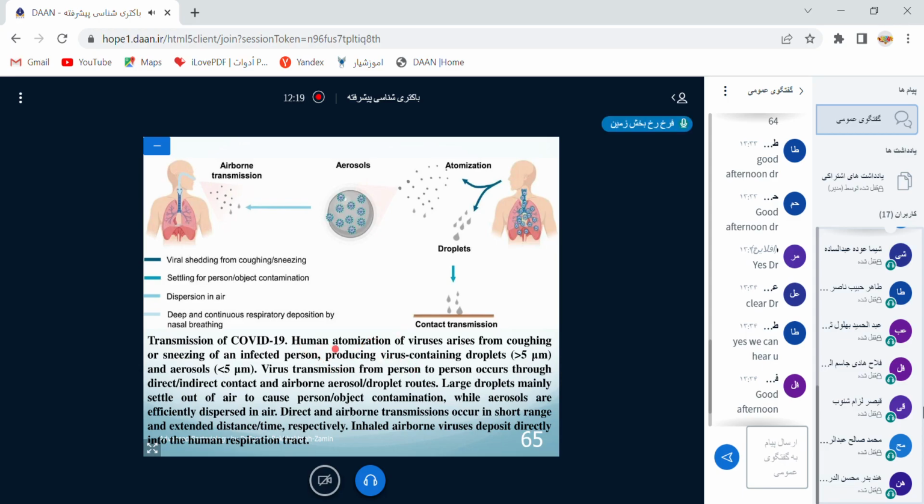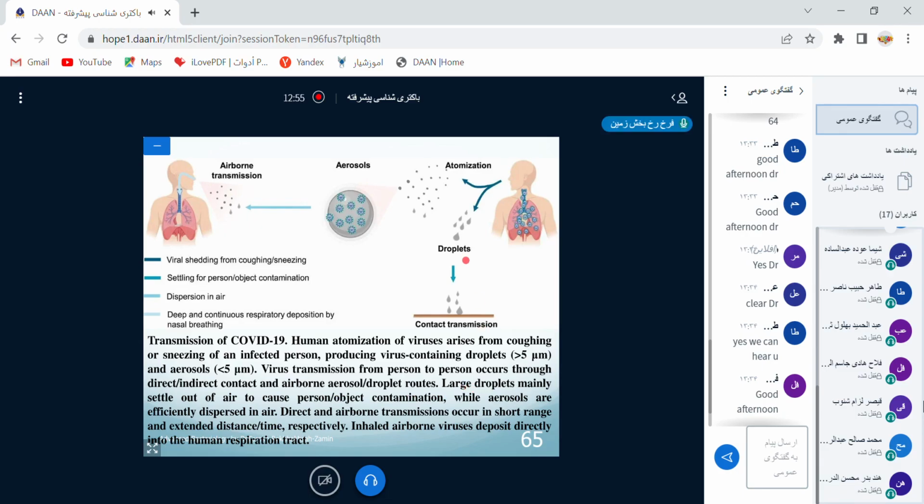So human atomization of virus arises from coughing or sneezing of an infected person, producing virus-containing droplets of more than 5 micrometers or aerosols of less than 5 micrometers. Virus transmission from person to person occurs through direct and indirect contact and airborne aerosol droplet routes.